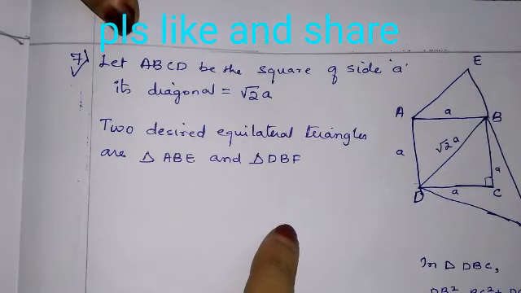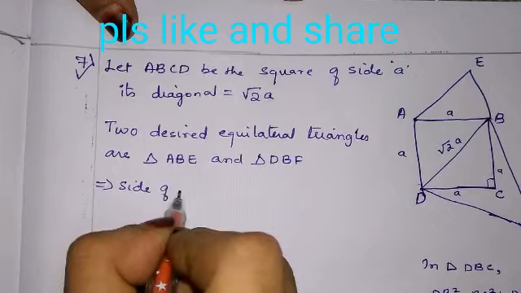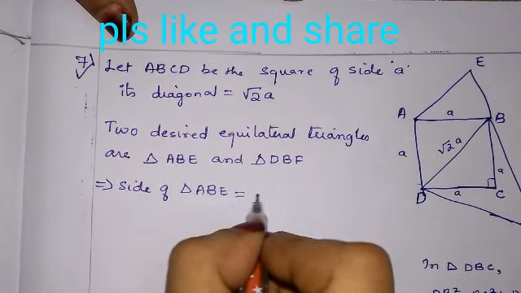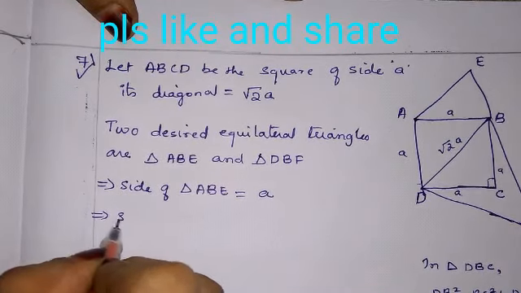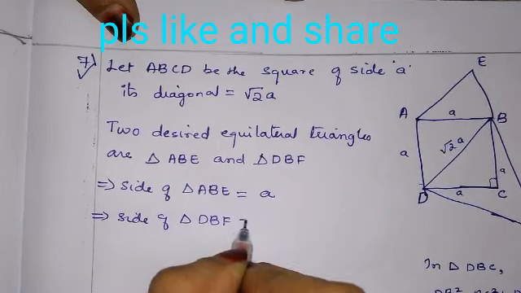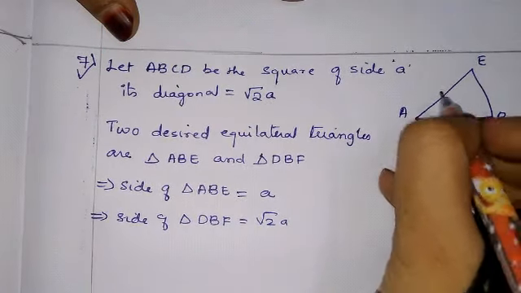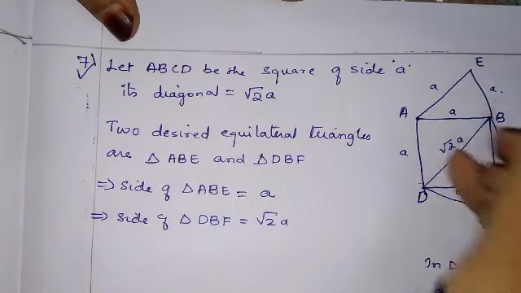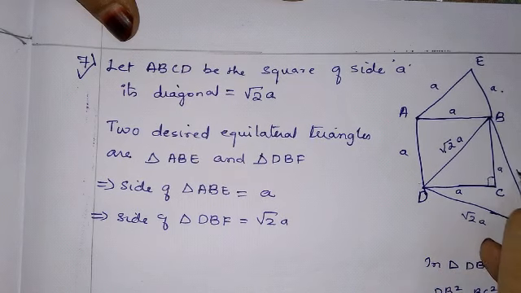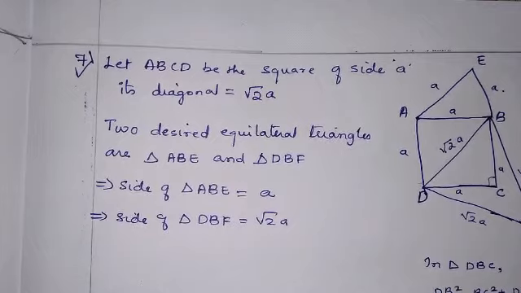Okay. Let us see. Now the side of triangle ABE is a and the side of triangle DBF is root 2 a. We know that for an equilateral triangle, if this is a, this is also a, this is also a, and if this is root 2 a, this is also root 2 a, and this is also root 2 a, because in an equilateral triangle all sides are equal.